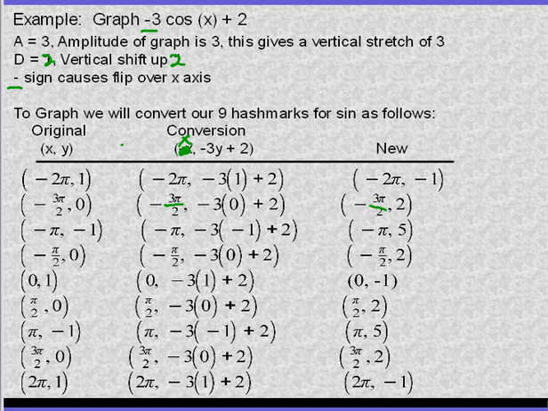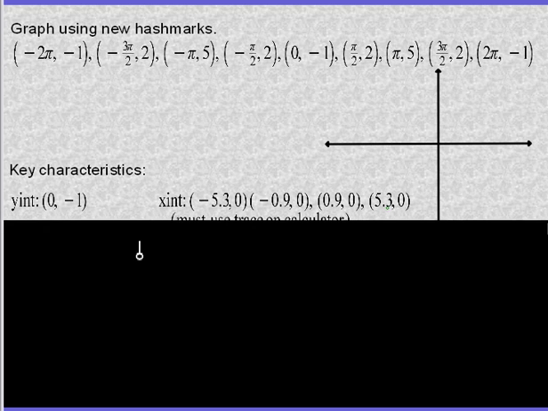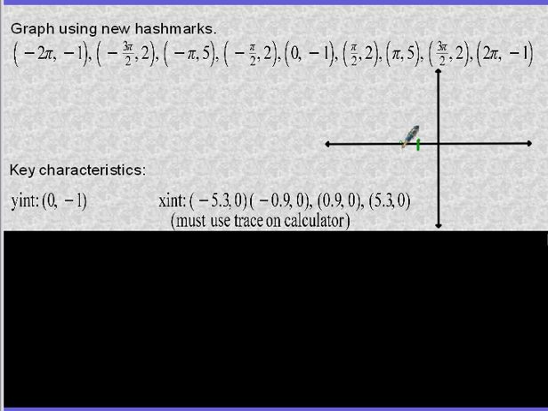And again, once you have those, you want to graph them. So here's my xy graph. 1, 2, 3, 4, 1, 2, 3, 4: -2 pi, -3 pi over 2, -pi over 2, and likewise. And what are my y values? Well, I go from -1 to 5. So 1, 2, 3, 4, 5, -1.